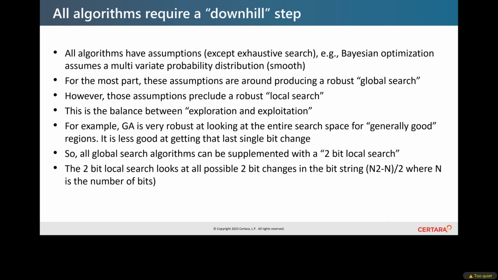That makes looking at all possible 2-bit changes necessary. More about this later, but we think that this combination of a general search algorithm, supplemented by a 1-bit downhill search, one change at a time, and then followed by a 2-bit search, two changes at a time, all possible combinations, ends up with a very robust search algorithm.